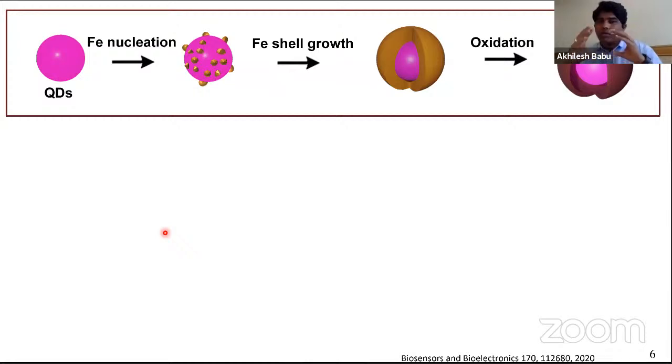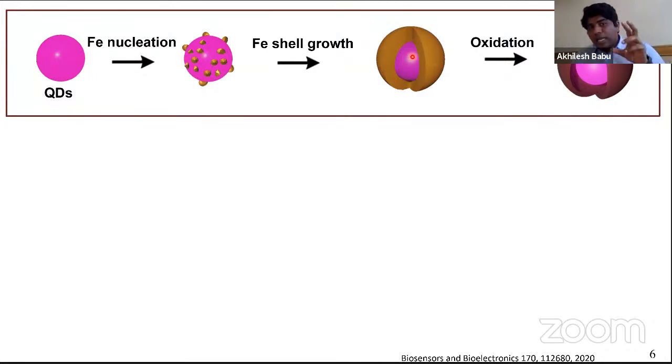Before getting into the methodology of virus sensing, I'll explain the new method we have developed for the preparation of the nanoparticles. First we prepared quantum dots, which are fluorescent. On the surface of the quantum dots, we did iron nucleation, so an iron shell is grown completely on the surface.